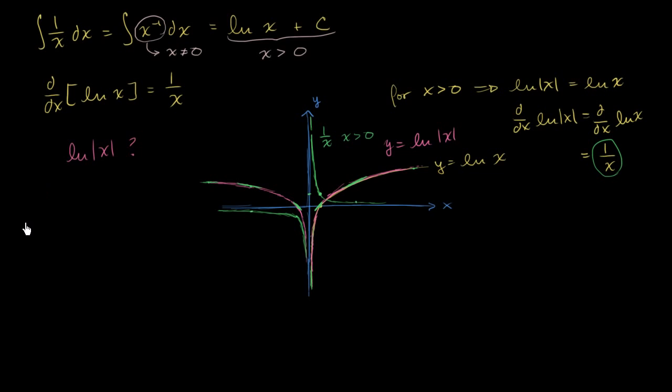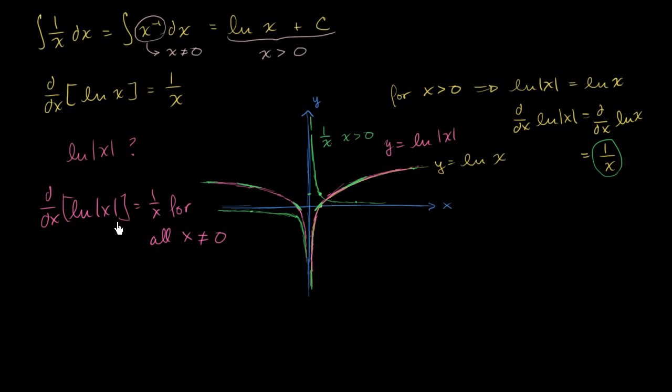Hopefully you can visualize that the derivative of the natural log of the absolute value of x is indeed equal to 1 over x for all x does not equal 0. So this is a much more satisfying antiderivative for 1 over x.